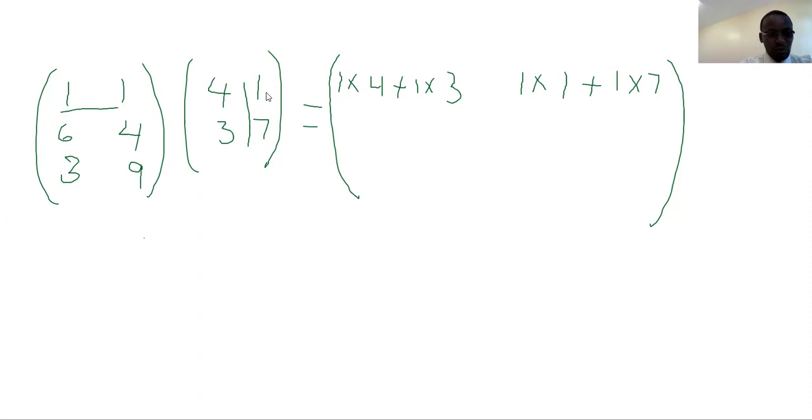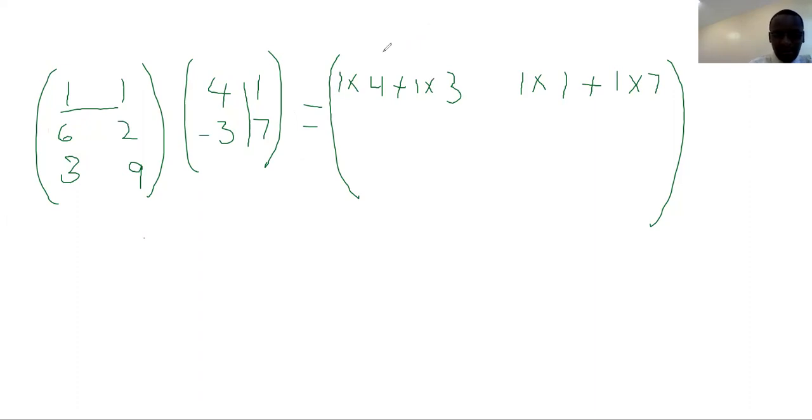We go to the second row, 6, 4. So 6 is multiplied by 4 again. This 6, the first character in the second row, is multiplied by this 4, the second character. Allow me to change some of these characters so that you don't get confused by the 4s, which are several. Let me put this as 2 and this as negative.